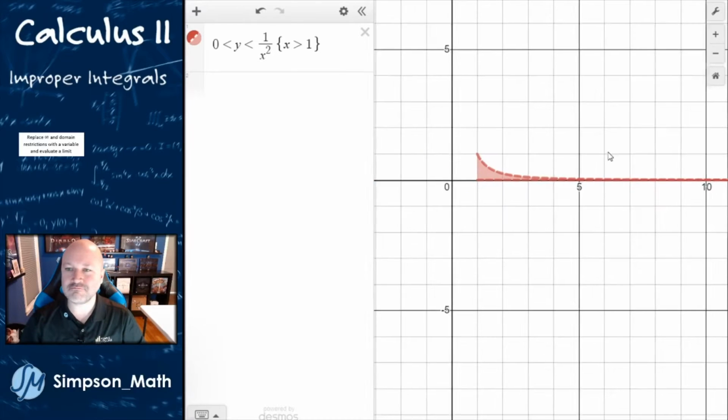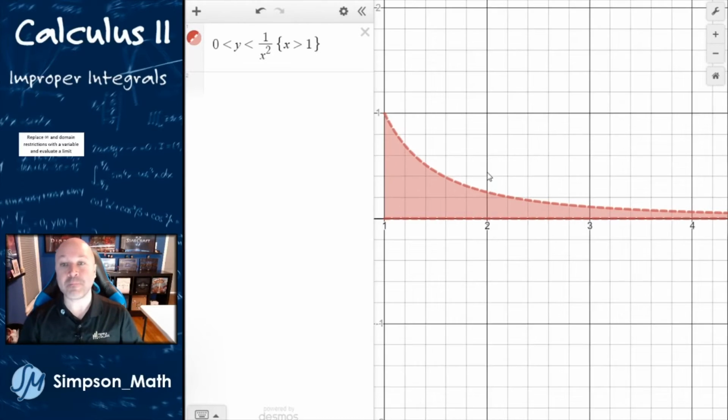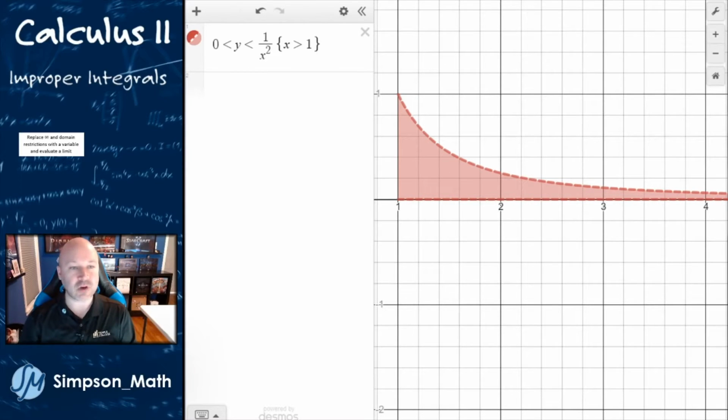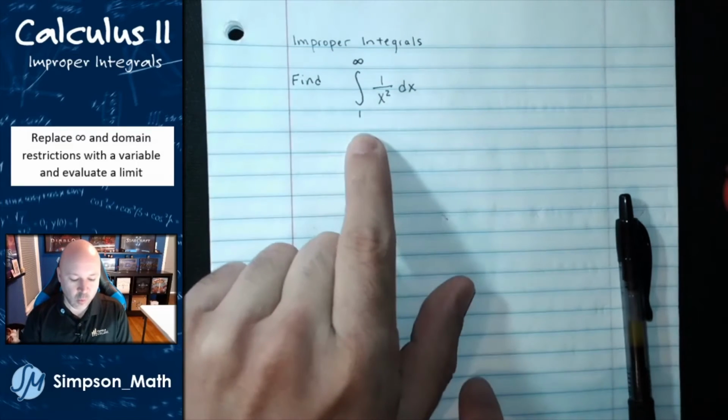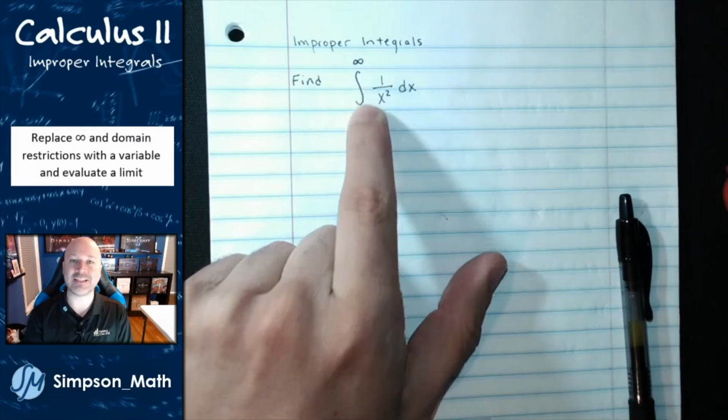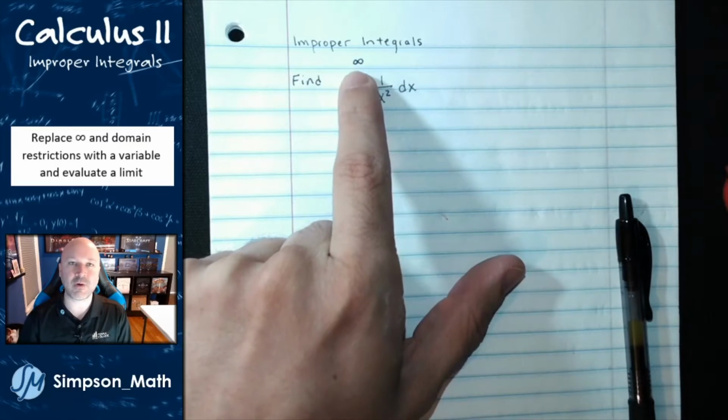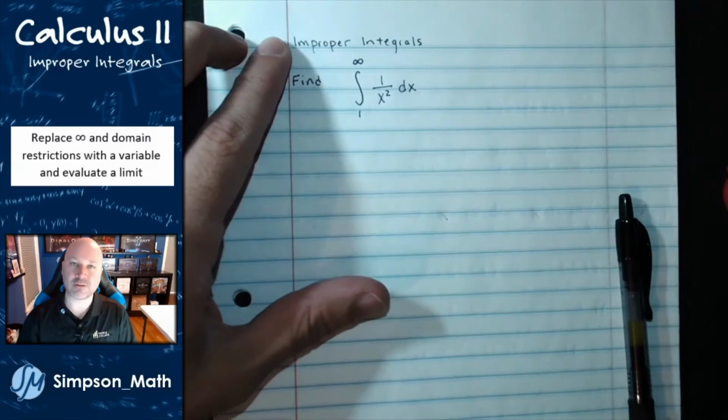Well, let's play with it. But in my integration process, I have a problem with my infinity. I cannot treat that like a number. I can't go from 1 to 3 and then calculate this. That infinity is going to be a problem with these improper integrals.